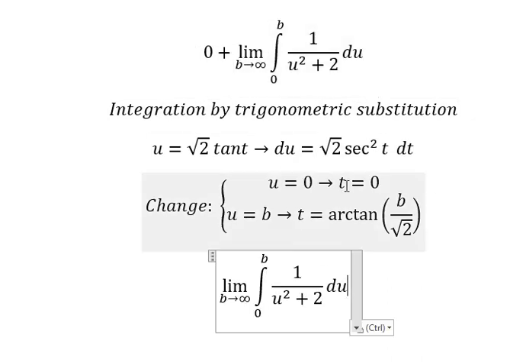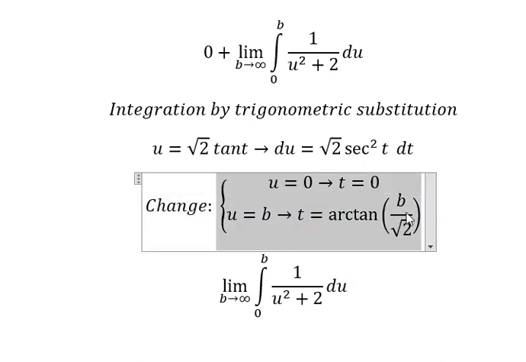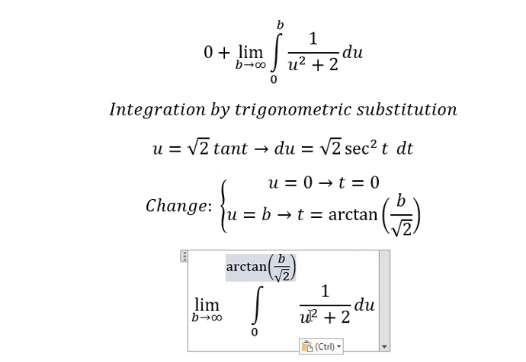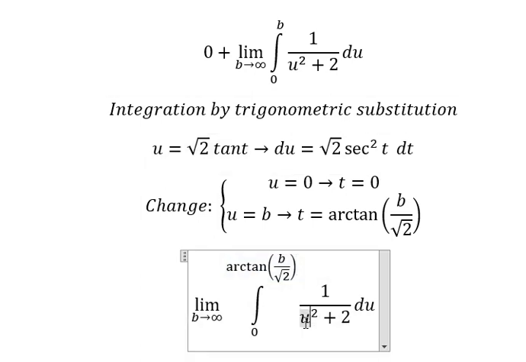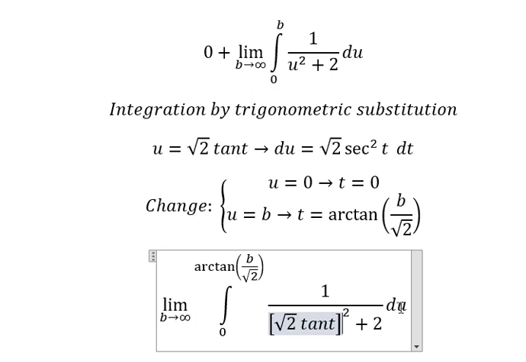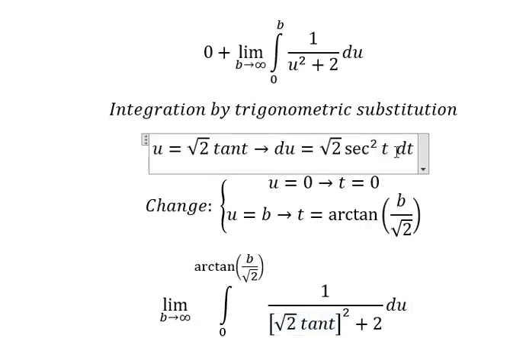So 0 is still 0. b we change for this one. u we change for this one. du we change for this one.